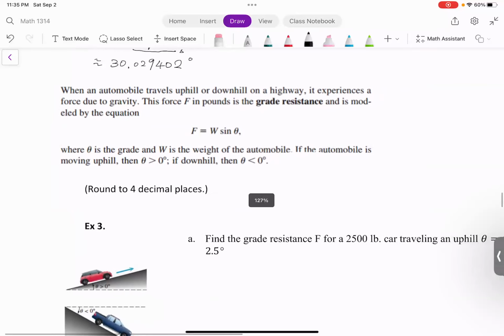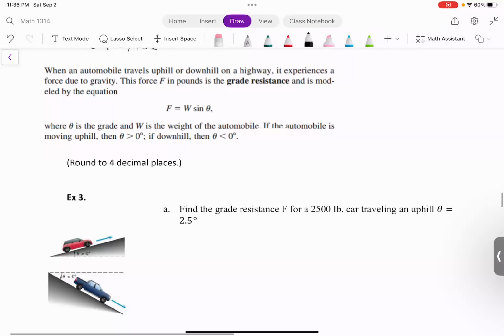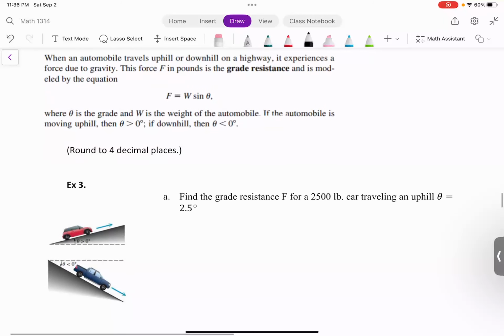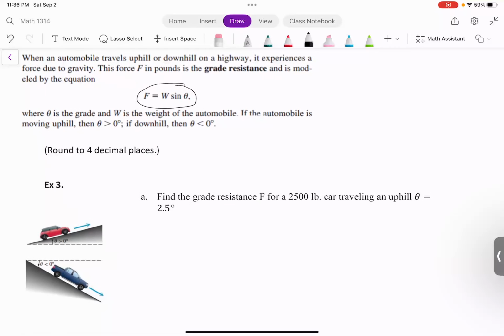Oh, this question is a physics related question. Solving this question, you don't need to know how to figure out the relationship between F and W on the image. You just need to know how to use this formula and find the missing information. But I can show you here. If I have a car driving uphill, for example, this is 30 degrees.